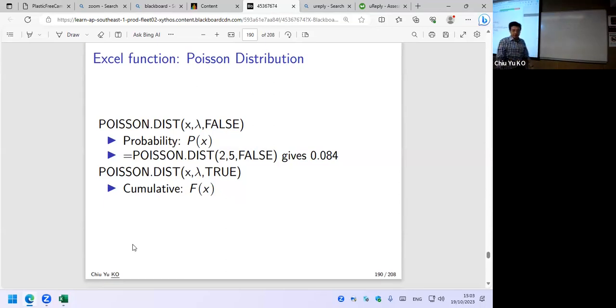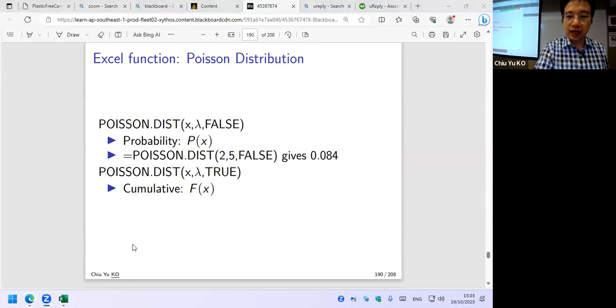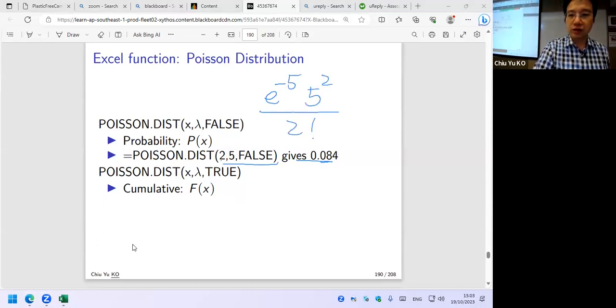If you remember the formula, this is doing e to the negative 5, 5 to the power 2, over 2 factorial. So this is the formula, e to the negative lambda, lambda to the x over x factorial.